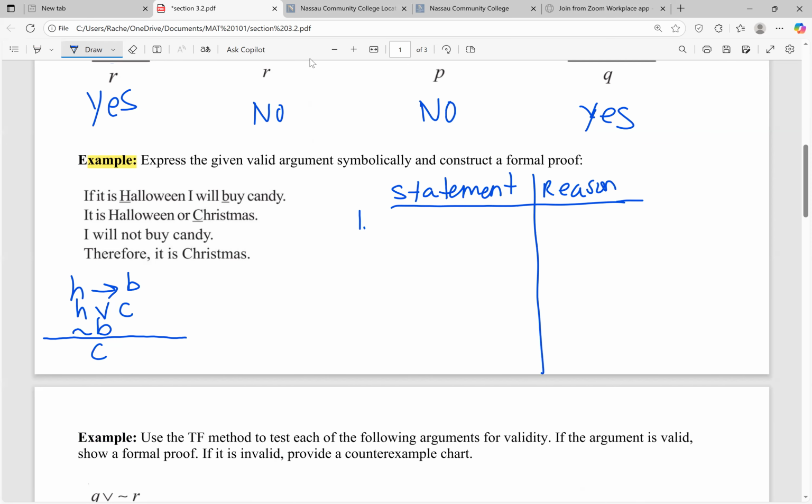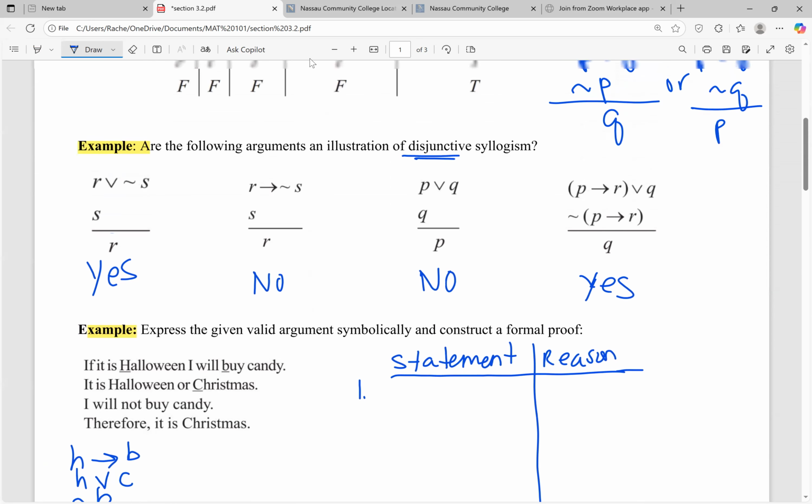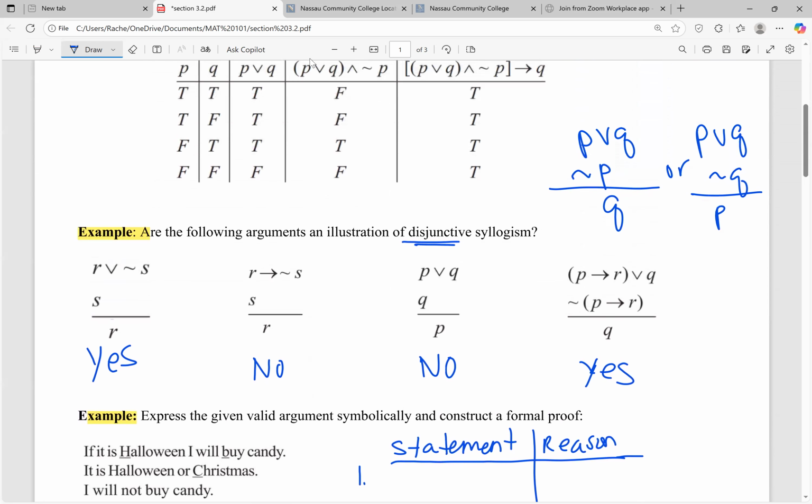So don't forget about those now, in addition to the disjunctive syllogism. Either if we have a disjunction P or Q and the premise not P, then we could conclude Q, the right-hand side. Or if we have P or Q and we negate the right-hand side, we join those two statements, then we can conclude P.